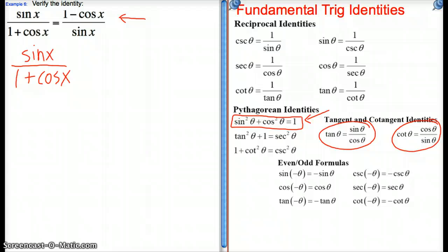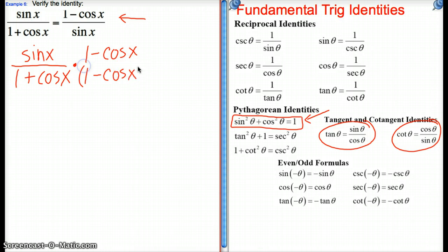Perhaps I want to get sine squared of x on top. Perhaps I want to create this to be 1 plus cosine squared of x. But in the end, you're actually going to want it to equal 1 minus cosine squared. Let's think about why.